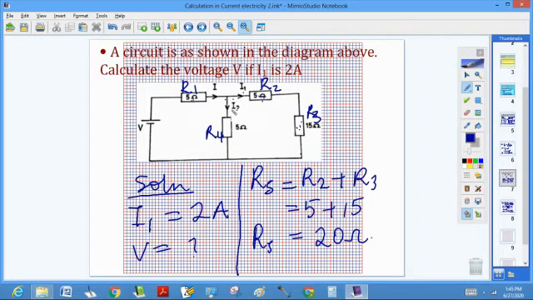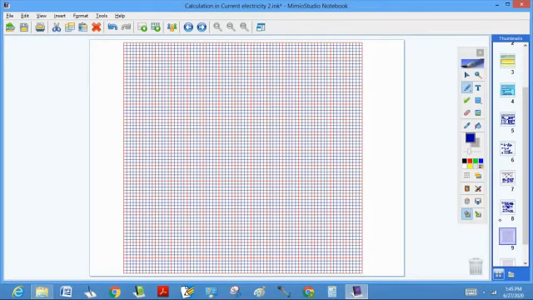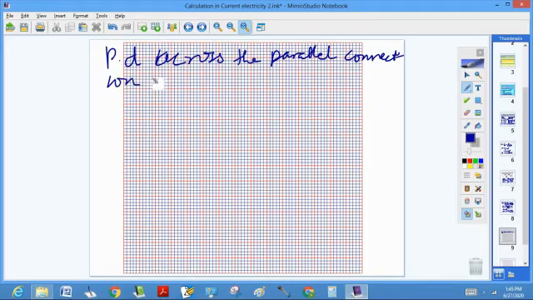The potential difference across the parallel connection is the same.